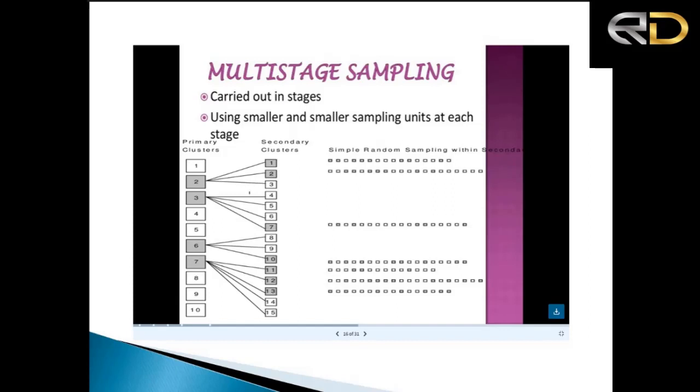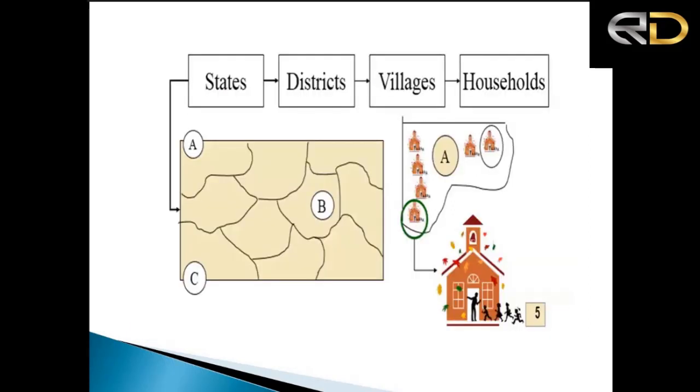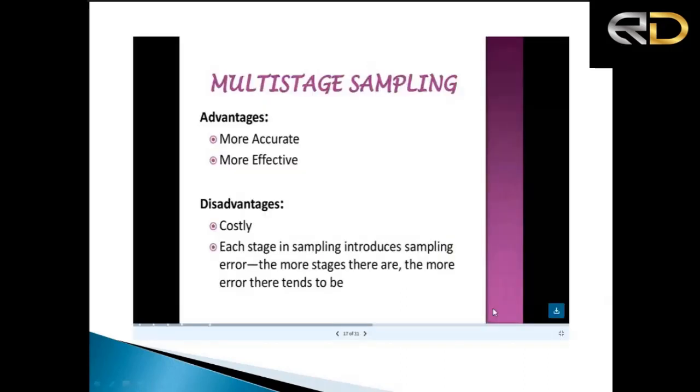So this way we can get the basic unit where we have to take the observation. So we are getting it in multiple stages, so it is known as multi-stage sampling. Here you can see state, district, village, household, and this way we get multi-stage sampling.